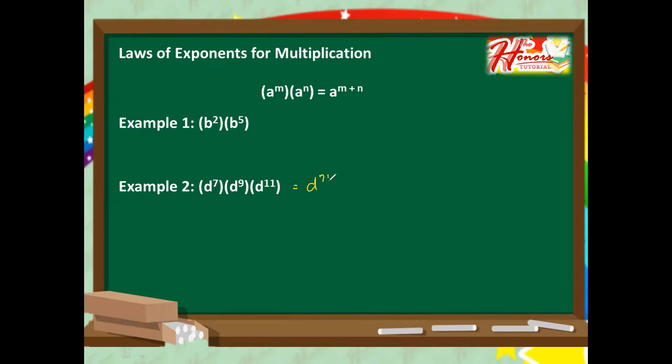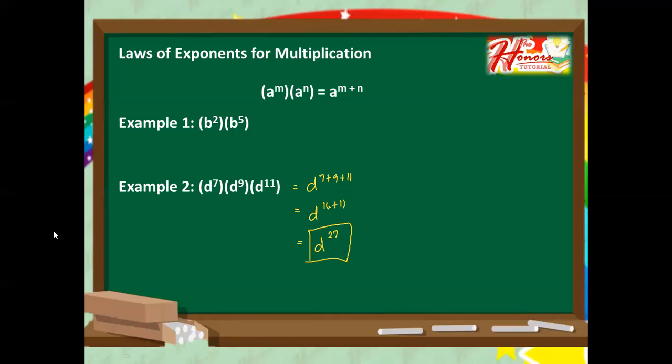So we have 7 plus 9 plus 11. So let's add. D raised to 7 plus 9, that's 16, plus 11. Continue adding. D raised to 16 plus 11, that is 27. So this is the answer, d raised to 27.